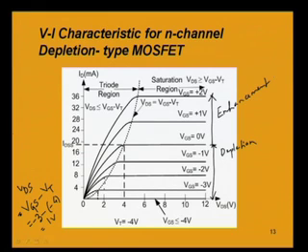The saturation voltage between drain and source VDS is equal to VGS minus VT.